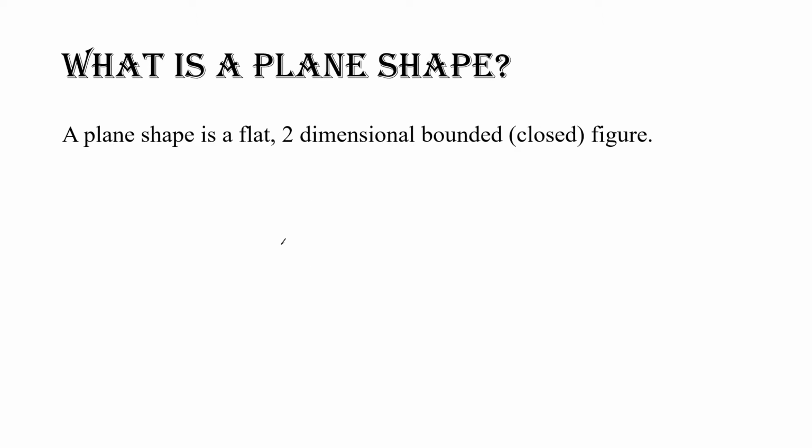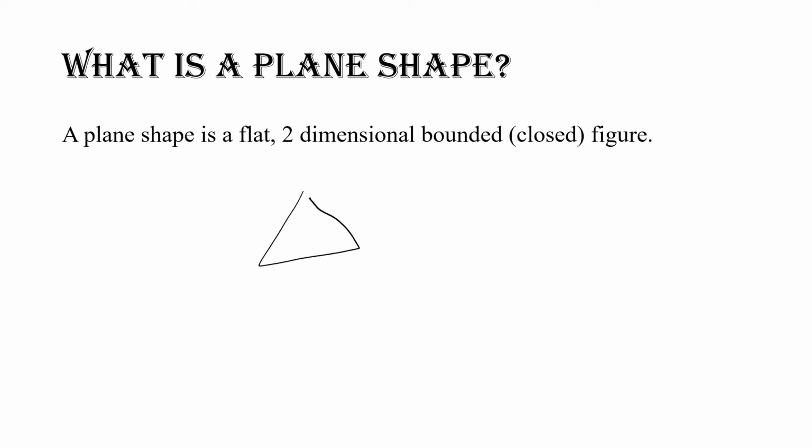So when you think about 2D, you could think of this is 2D, this is 2D. No, this is not flat, it's closed, right? So we understand 2D. We're not just saying it because, but it has to be. And another thing that throws off a lot of students: bounded. It must be bounded. If I have something like this, it is not a plane shape.